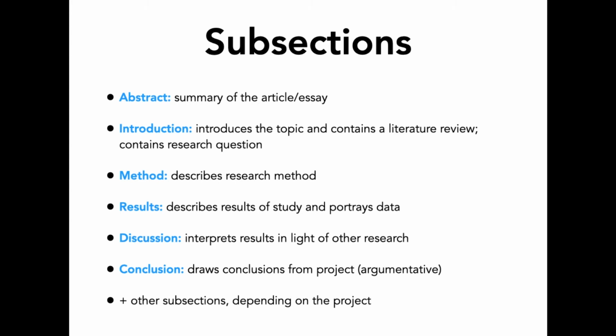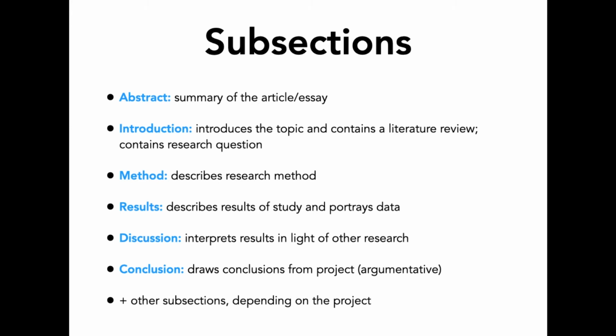So unlike in an MLA paper where you usually put your argument up at the top, like in the introduction, in APA style research articles, the argument is at the end, so in the conclusion and the discussion. The first sections like the introduction, method, and results are usually more objective, just stating what the study is about.